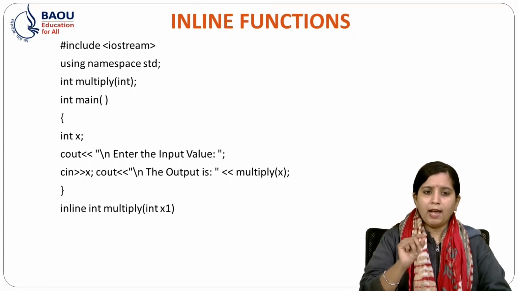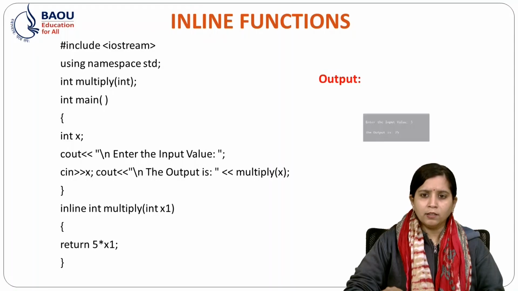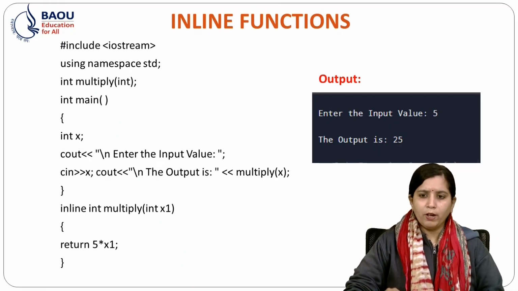Over here I have declared inline int multiply, then int x1. So over here I am defining the inline function, that is multiply, and in that I am returning 5 into x1. So whenever I compile this program, what I will get is 25, because my input value is 5 and the output is 25.